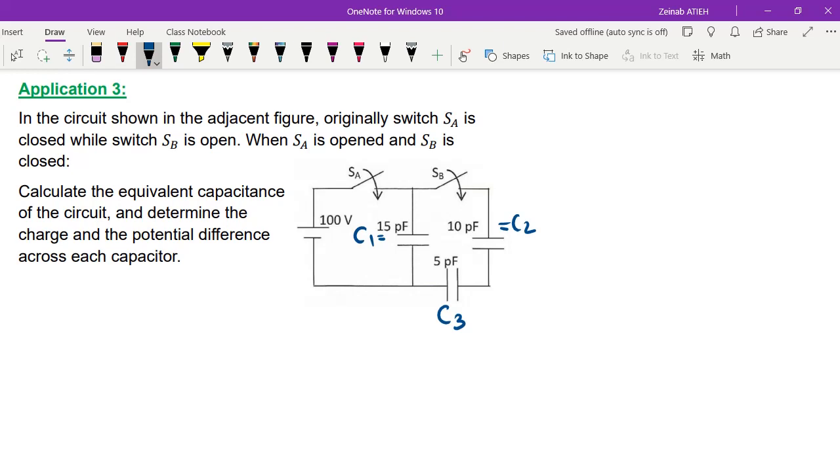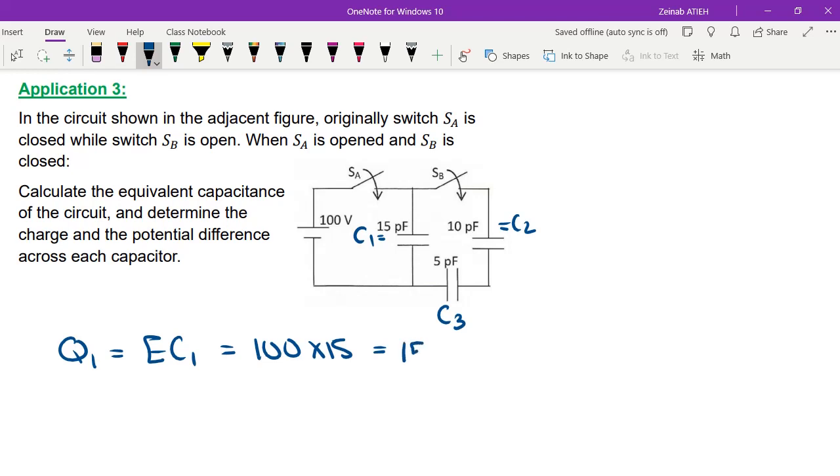Okay, so أول شي رح أعمله أنا رح شوف قديه الكاباسيتور C1 كان مشرج. أكيد مشرج 100 فولت، بس قديه كان مشرج Q. So Q1 it's equal to E times C1. It's equal to 100 times 15 picofarad. Let's keep it in pico.